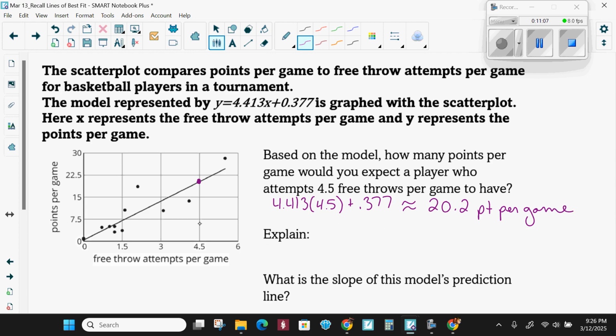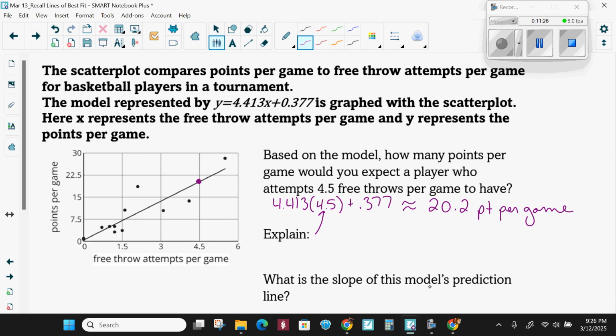Okay, and that would make sense. We're below the 22.5, but above the 15, and it's closer to the 22 than the 15. So 20 sounds like a good estimate. You just plug in the values and use your equation to estimate.